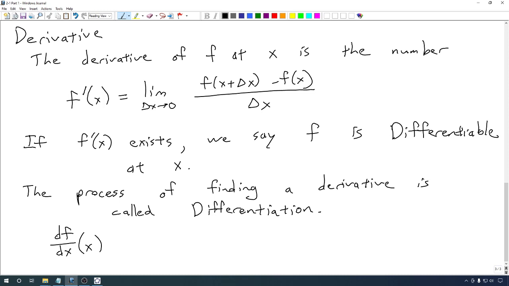This is not a df divided by a dx. This is just the name of the function. We also sometimes will put the d over dx part by itself and just leave the f of x here. This is useful when we're doing something like d over dx of x squared, so we don't have to write down the name f of x for whatever function we're starting with.